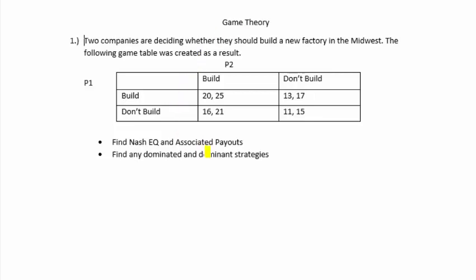Starting as player 1, and I'm going to use yellow to denote their decision, we're going to compare their profits between player 2's decisions, and based off of player 2's decision, player 1 will make a decision on what they want to do. Since we're player 1, we're going to look left to right, since we're the row player, and compare player 2's build and don't build options with player 1's available options.